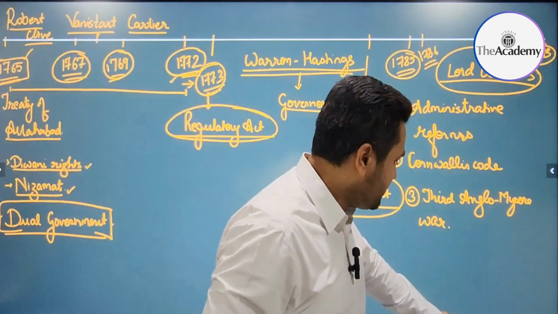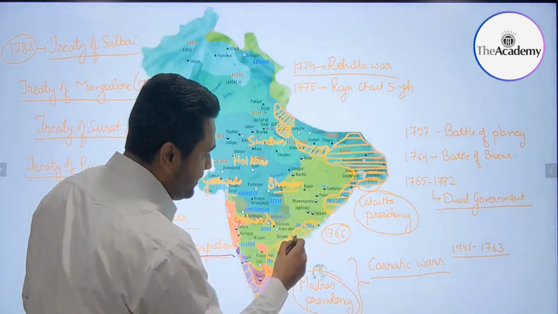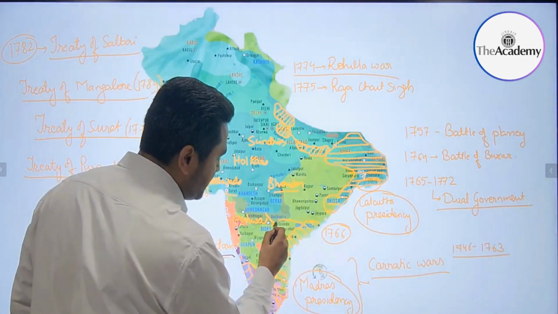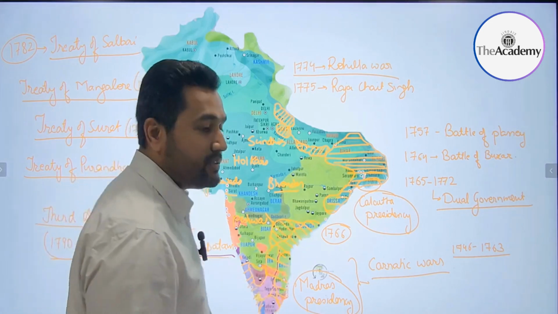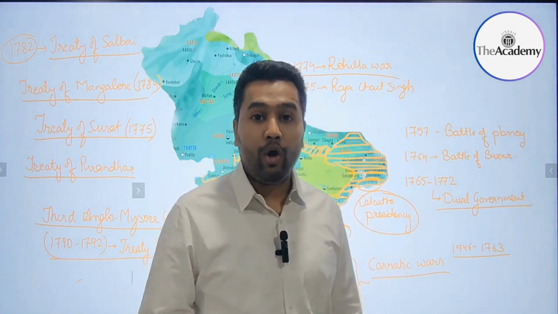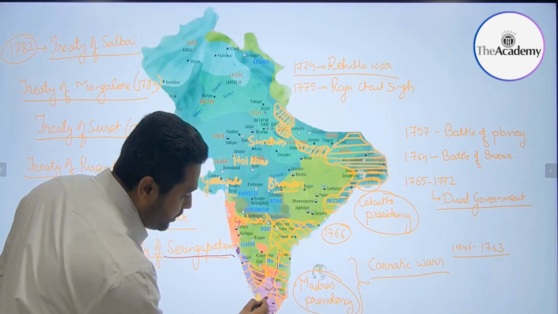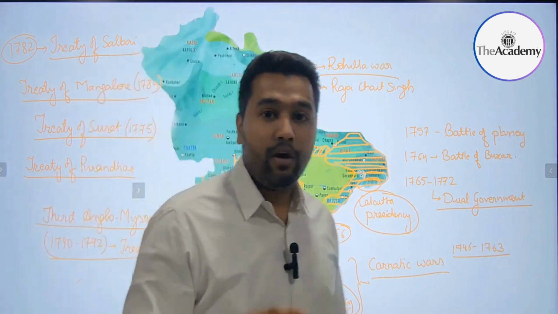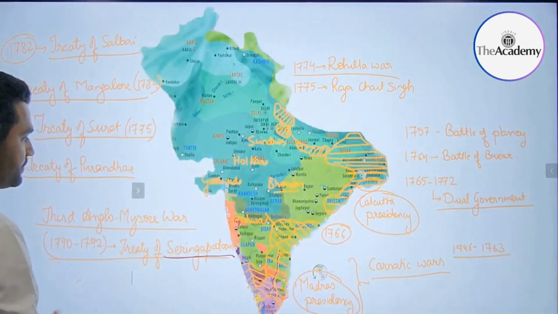Therefore, Lord Wellesley played upon the fear of Hyderabad, and Hyderabad became the first state to sign the Treaty of Subsidiary Alliance. Subsequently, Lord Wellesley defeated Mysore on the same pretext of Napoleonic danger in the Fourth Anglo-Mysore War.